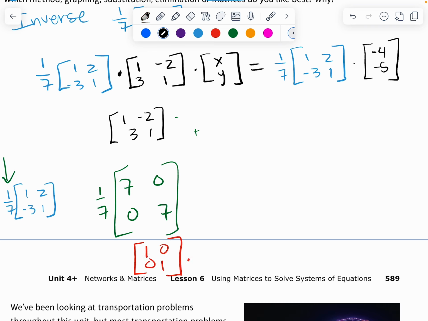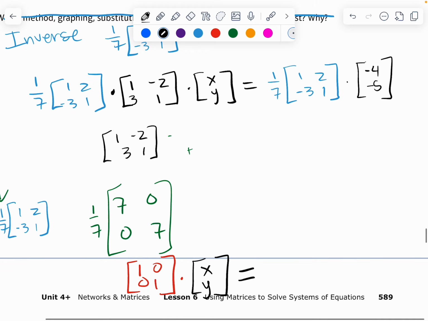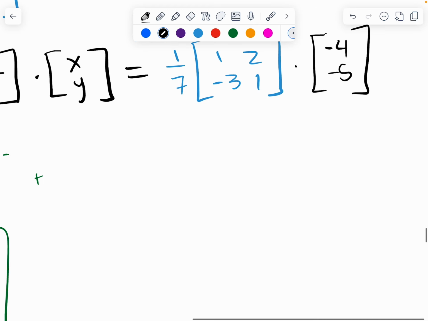I can bring down my x, y. I can bring down my equals. Now let's come over here and do this scalar multiplication. This multiplication. Okay, so this is 1, 2, negative 3, 1.